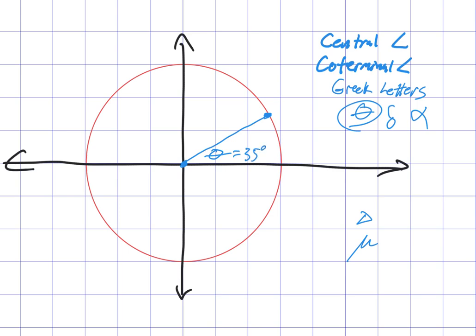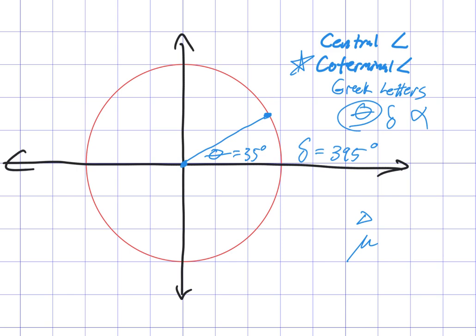A coterminal angle is an angle in that exact same position that has a different angle measurement. So if I have another angle that's coterminal to 35 degrees, my new one, we'll call it delta, would be equal to 395 degrees. You might be thinking, wait, how did we get that?